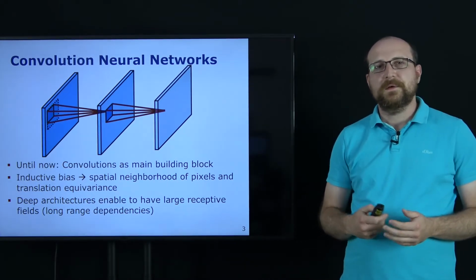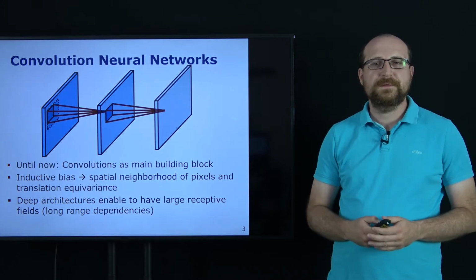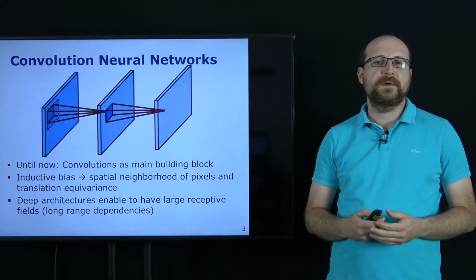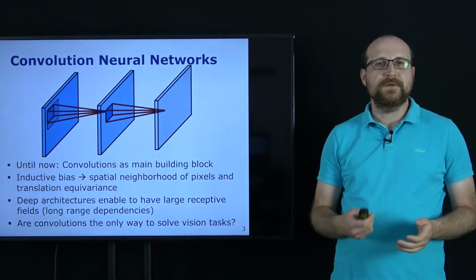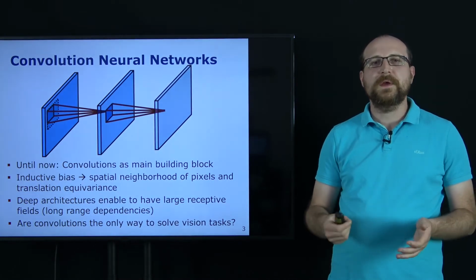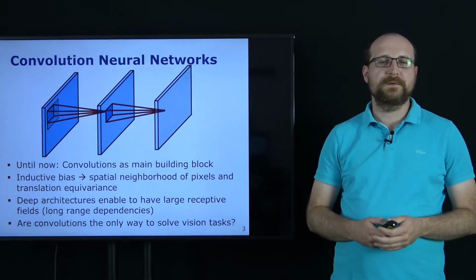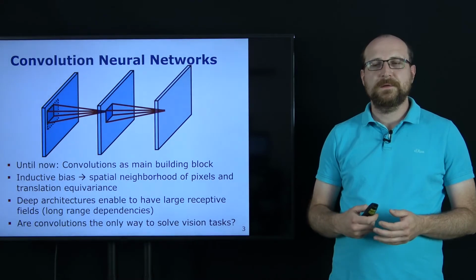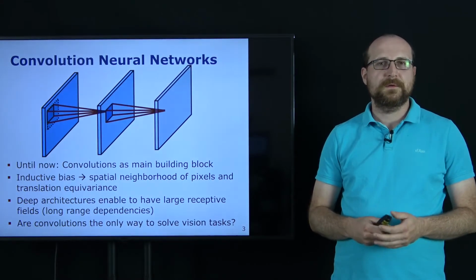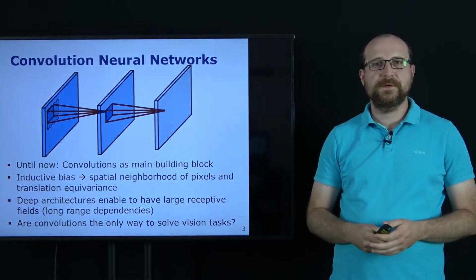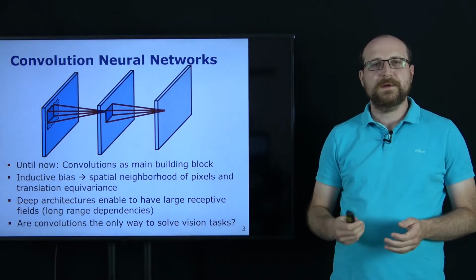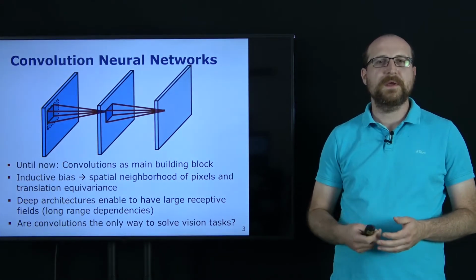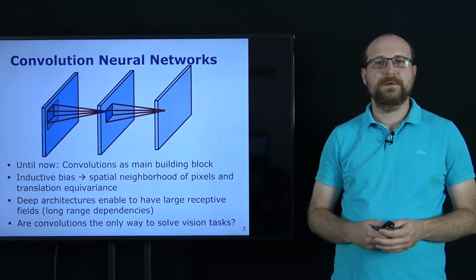And the question that maybe arises now is: are convolutions the only way to solve vision tasks, or the only way to encode these long-range dependencies? In natural language processing, a very different field of machine learning, a different way of capturing long-range dependencies came up.